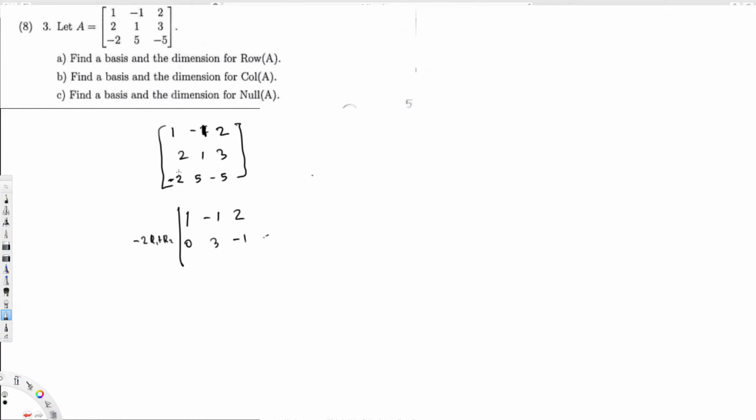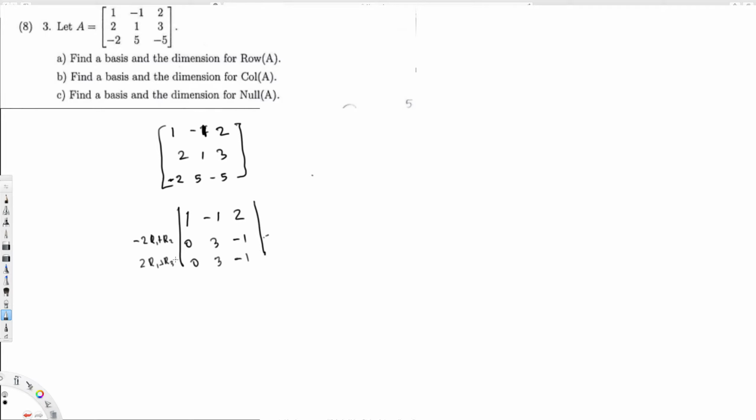To make the first entry of the third row equal to 0, I can simply multiply the first row by 2 and add it to the third equation, so it's going to be 2r1 plus r3. Which is going to give me 0. Then 2 times -1 is -2, plus the 5 is going to be 3. And 2 times 2 is going to be 4, and 4 plus -5 is going to be -1.